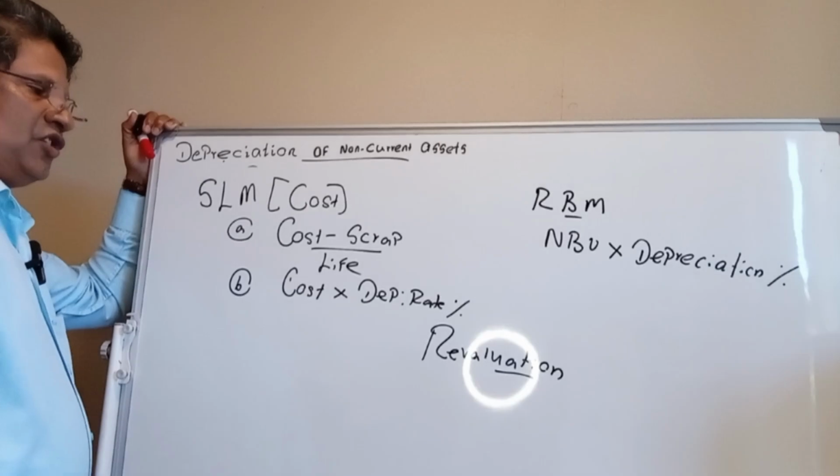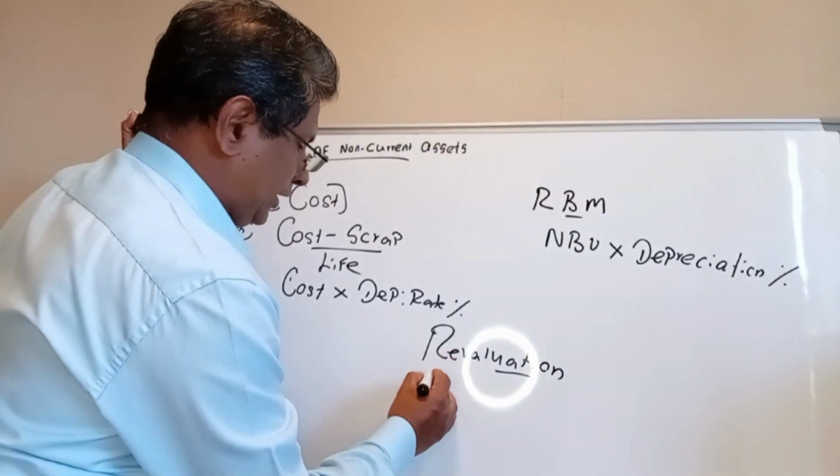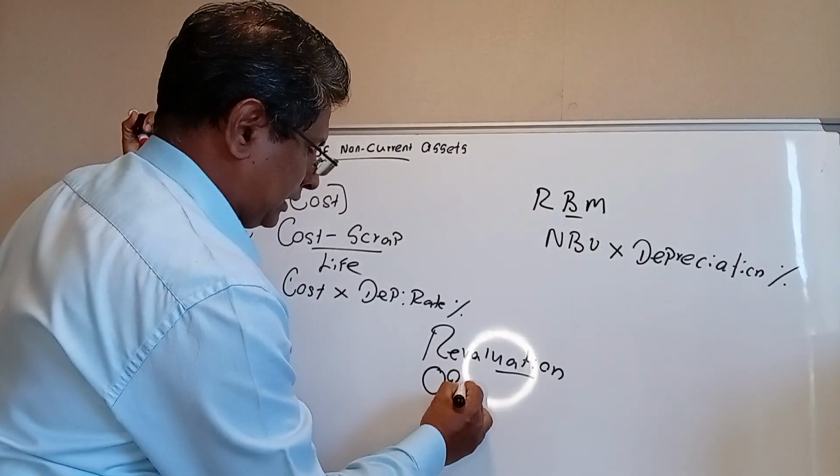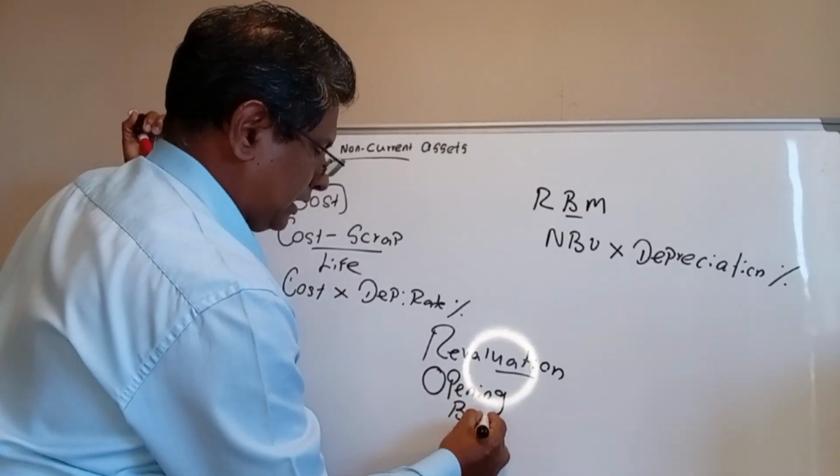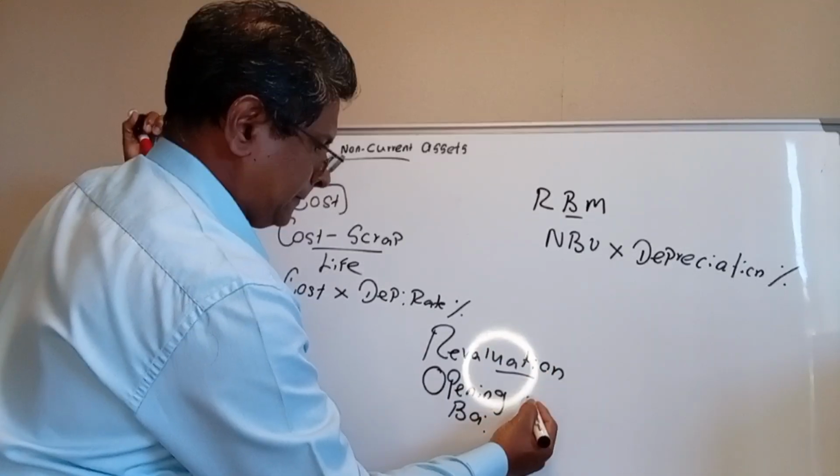So for the revaluation method, you will take your opening balance of your non-current assets, right?